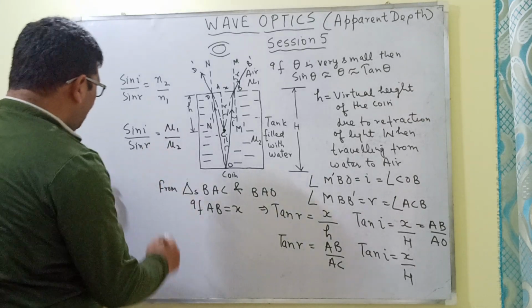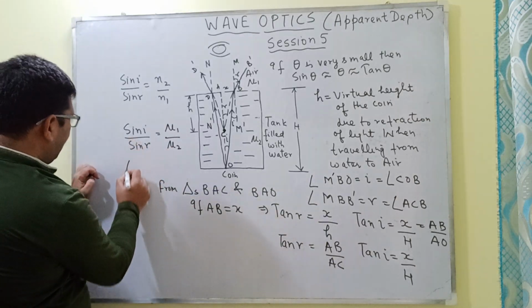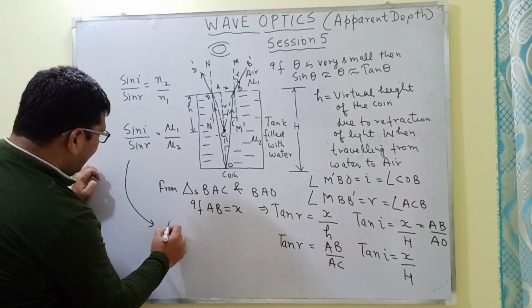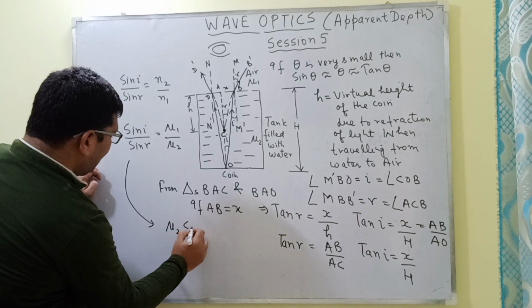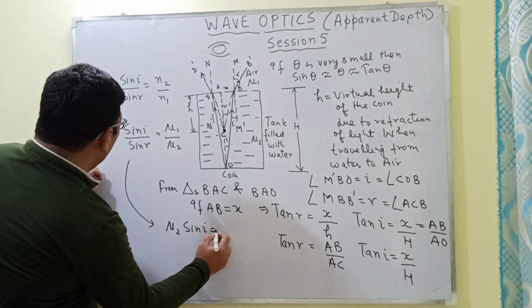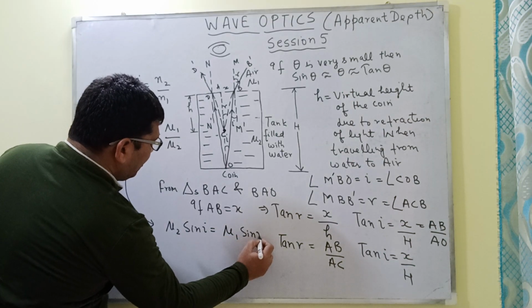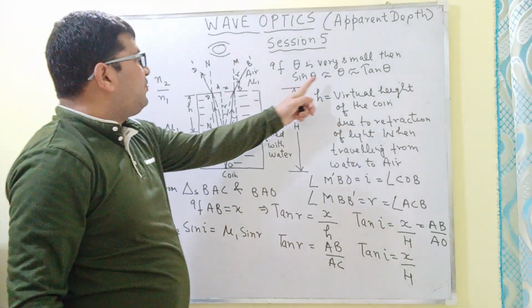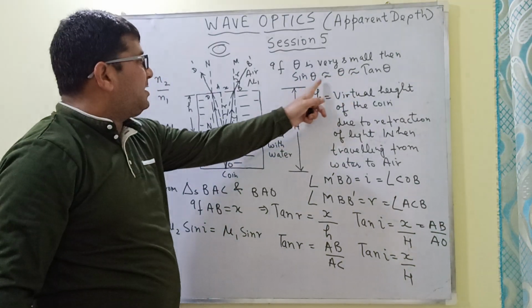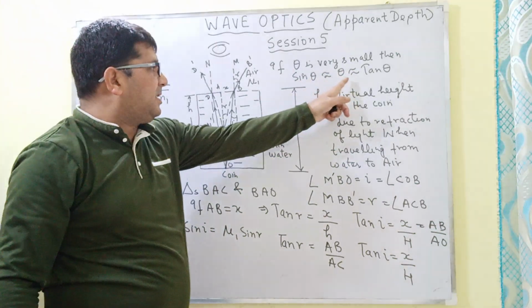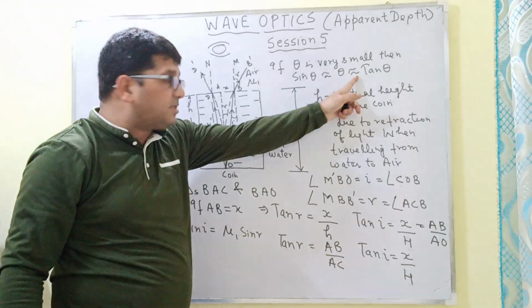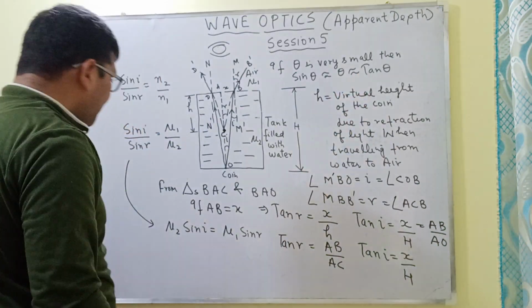So it implies that from this relation we will get mu2 into sin I is equal to mu1 into sin R. Now if theta is very small, then sin theta is approximately equal to theta, and that can also be taken as approximately equal to tan theta.